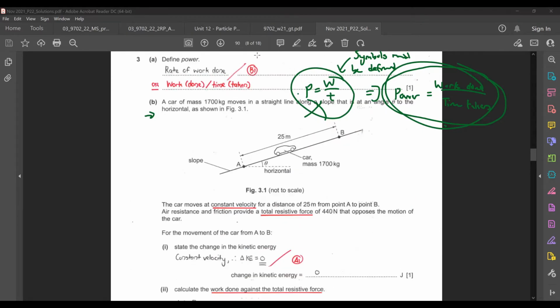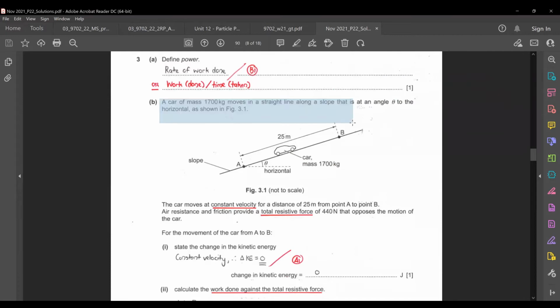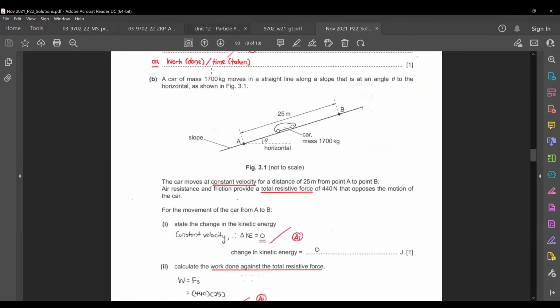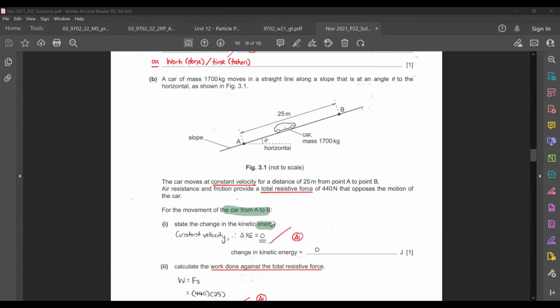Now you look at part B. You have a car of mass 1,700 kg that moves in a straight line along a slope that is at an angle of theta to the horizontal. The car moves at constant velocity for a distance of 25 meters from point A to B. Air resistance and friction provide a total resistive force of 440 Newton that opposes the motion of the car. For the motion of the car from A to B, state the change in the kinetic energy.